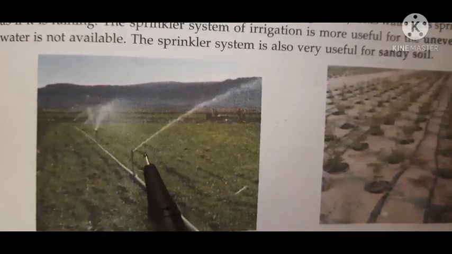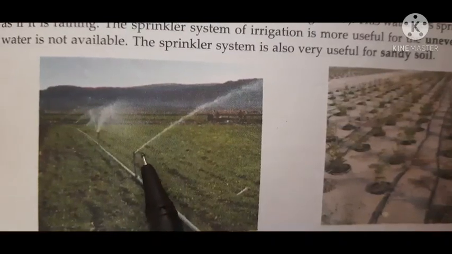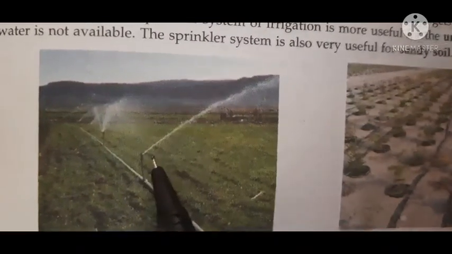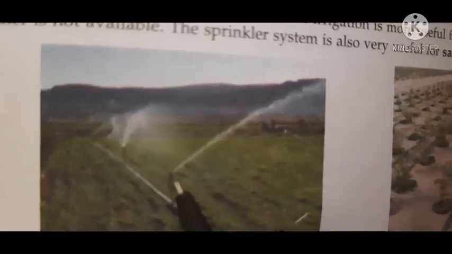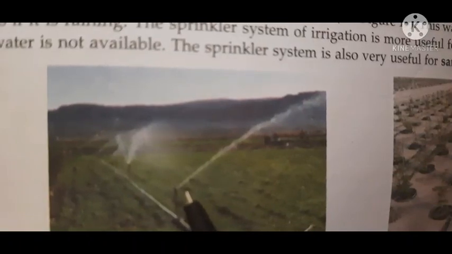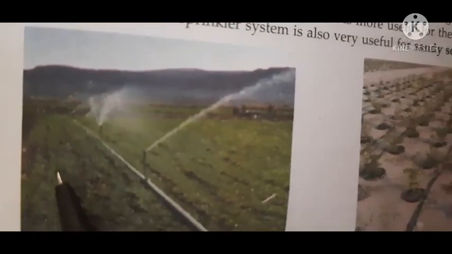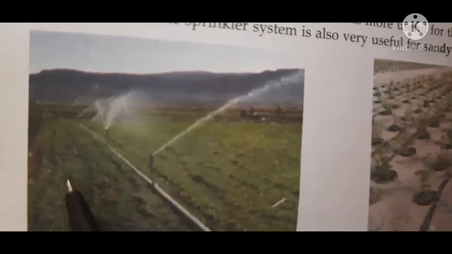Understood? Now you can see this nozzle is a rotating nozzle. In this diagram, this nozzle is rotated this side, but if you turn it, the nozzle can be rotated on the other side of the field also, and then it will start watering the other side of the field.